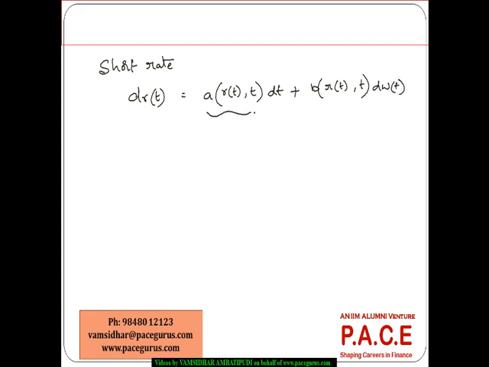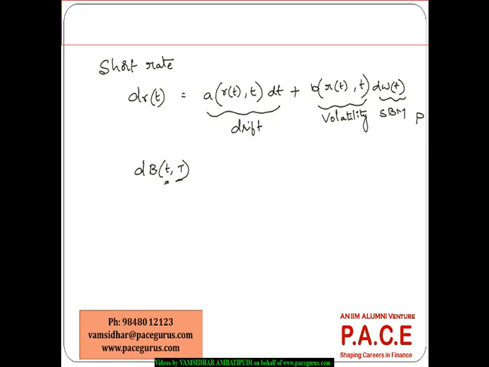So basically this portion is the drift, b(r(t)) is the volatility, and obviously dW(t) is the standard Brownian motion under the real world probability measure P. Now, from the bond price perspective, dB(t,T), where capital T stands for the expiry or maturity date of the bond, and small t is the current time.